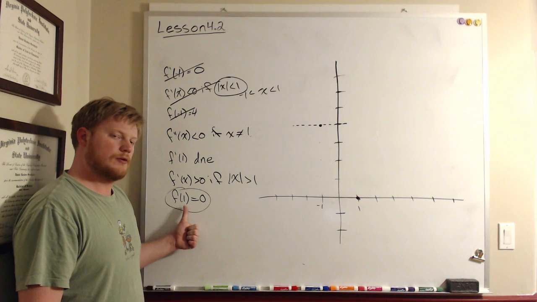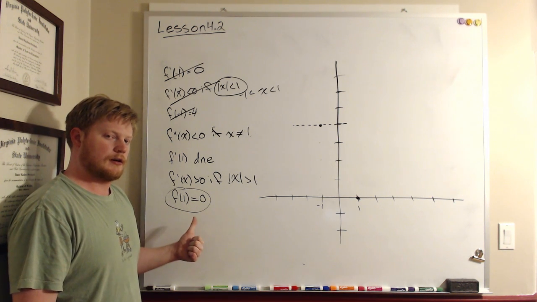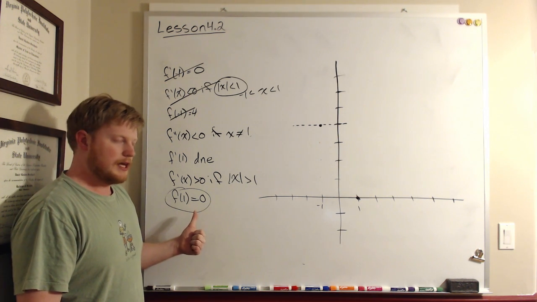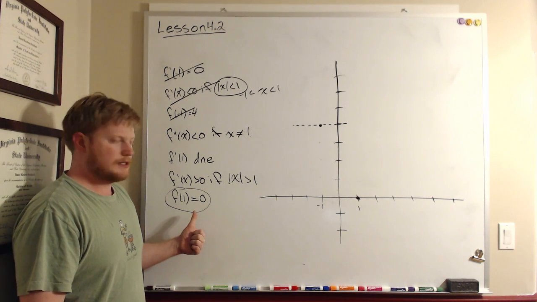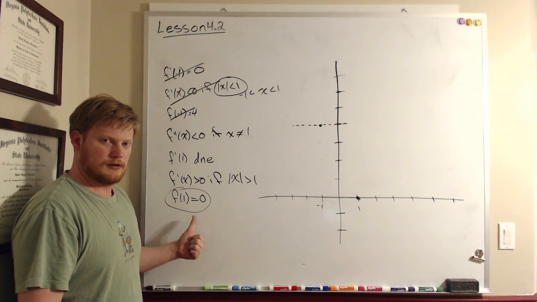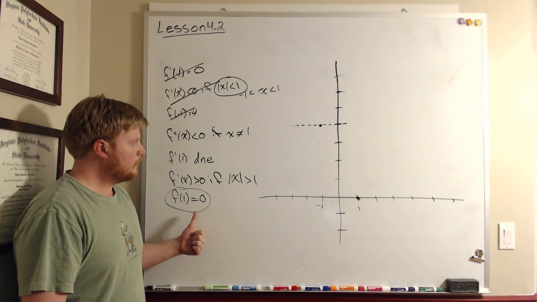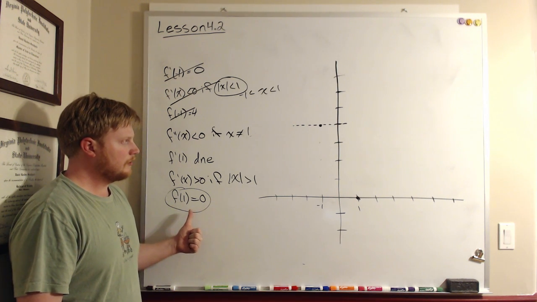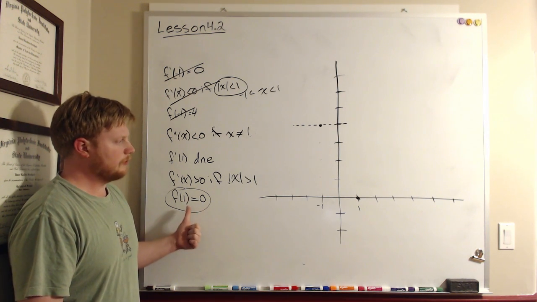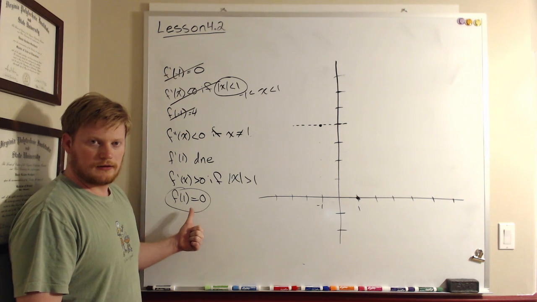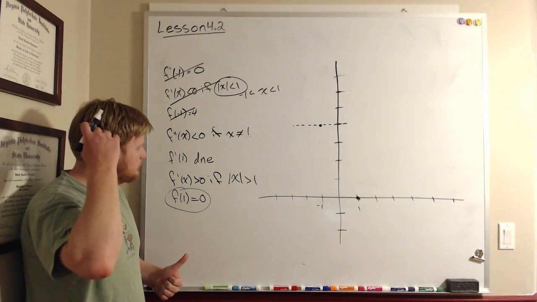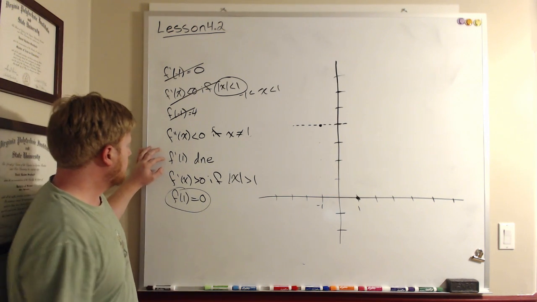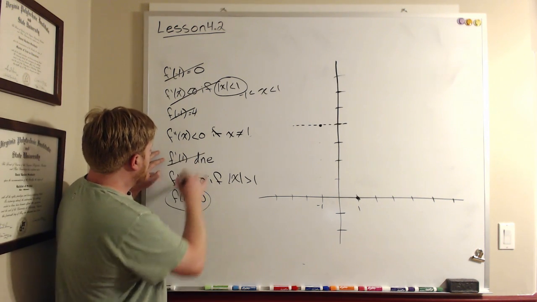Well, since the value of the function exists there, we know that it can't be discontinuous there. So what's the only thing that's not differentiable but still continuous? We'll keep that in the back of our heads. Okay, so we've sort of used that.